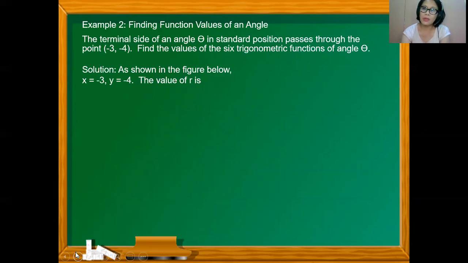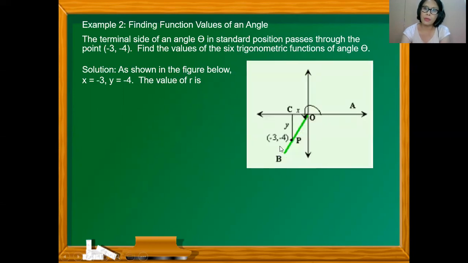This time, class, the terminal side will lie on the third quadrant since the coordinates of the point are both negative. So as you can see in the figure, this is the terminal side and this is point P, -3, -4. Now, the value of r is, again, the square root of x squared plus y squared.